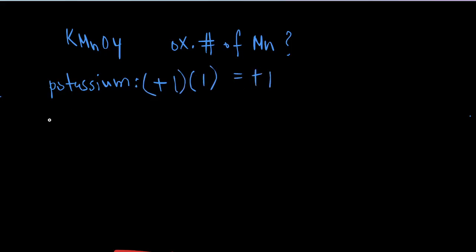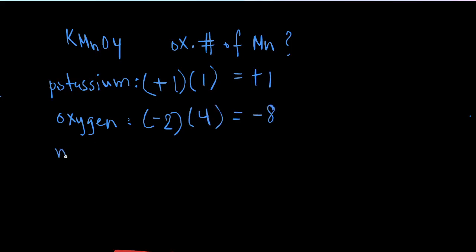Then looking at our oxygen, again, it's not in a peroxide or bonded to fluorine, and so we are dealing with our standard oxidation number of -2 for oxygen. We have 4 oxygens, giving us -8.